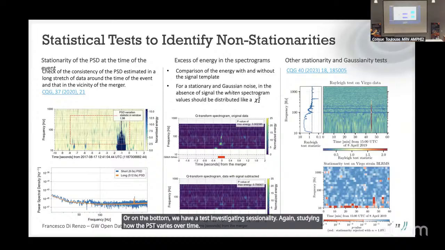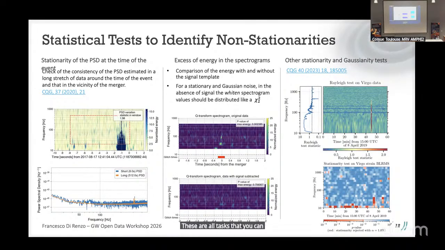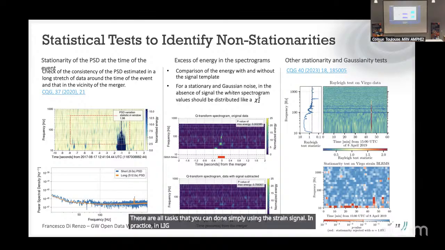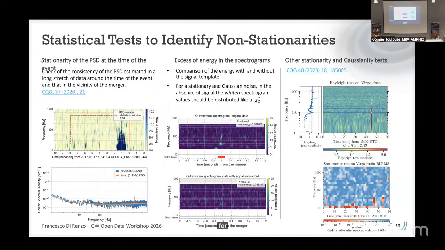These are all tests that you can do simply using the strain signal. In practice, in LIGO, Virgo, and KAGRA, we use many more tests, which also involve auxiliary channels. But unfortunately, not all the auxiliary channels that we use for investigating noise are available on GWOSC. So I'm not going to comment on that now. I will refer to the two papers describing it.